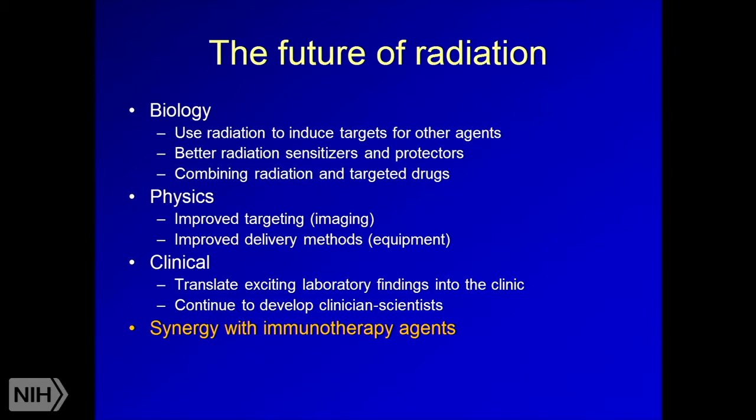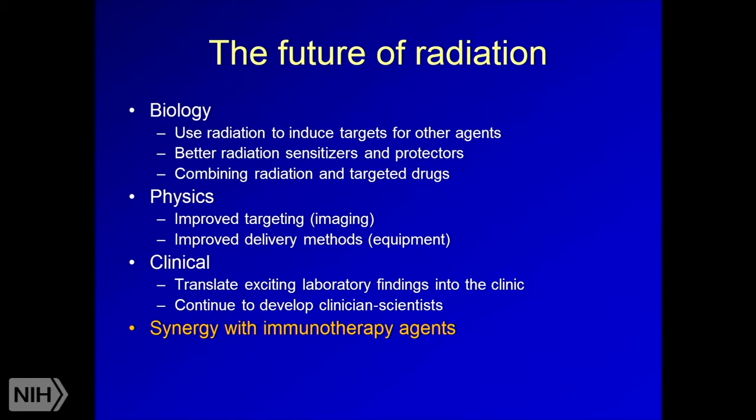We're also looking at combining radiation and other targeted agents, and I think this will continue to be an ongoing thing. From a physics viewpoint, we're always looking at improving our targeting as well as our imaging on the treatment table, as well as improving our delivery methods and equipment. At our institution, as well as many others around here, there are new radiation therapy modalities such as proton therapy and so forth that are all looking at improving the delivery of radiation.